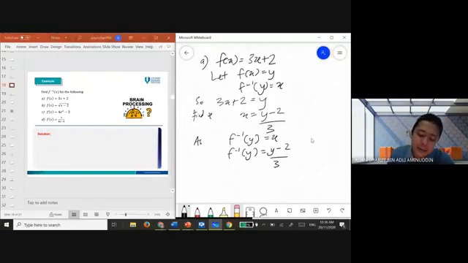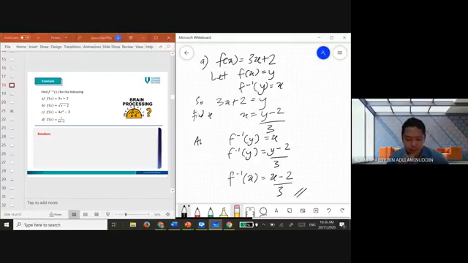As this is in terms of y, in terms of x it is (x minus 2) over 3.